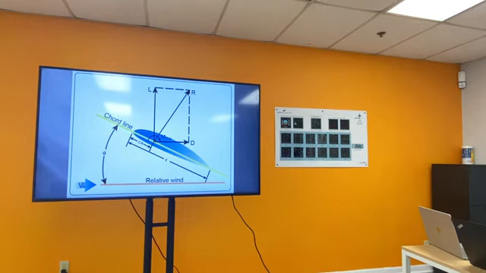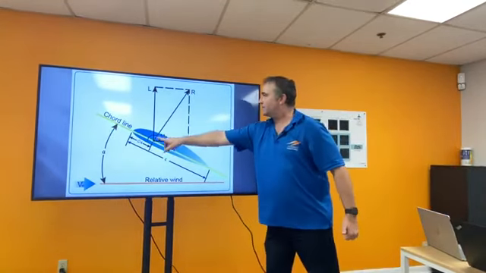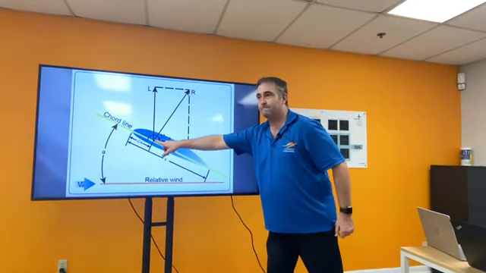Notice on the diagram I have a C there, that's the chord, and then C divided by 4. It depends a lot on your angle of attack, speed, and CG location, but roughly speaking, a quarter chord, or 1/4 of your total chord, is where the center of pressure is located. If you look at the large vector here, that is your total lift.